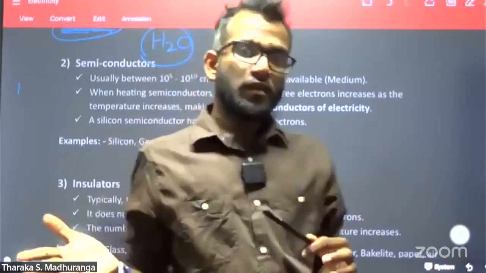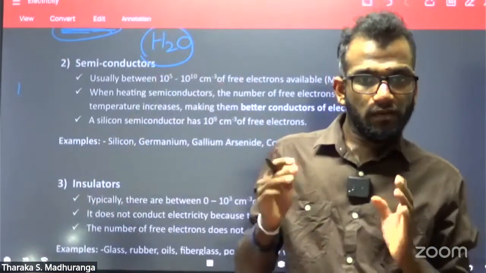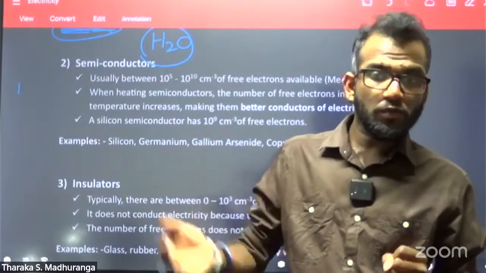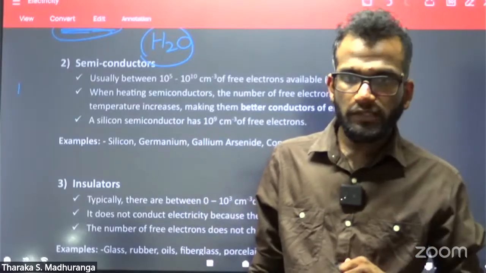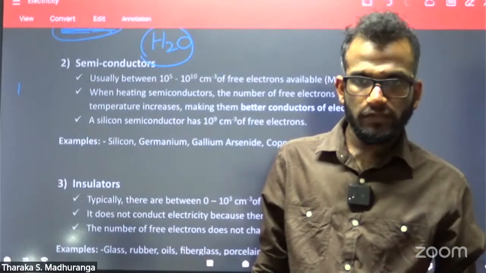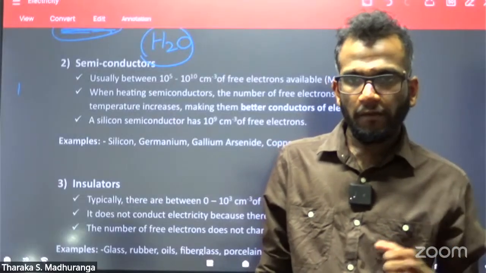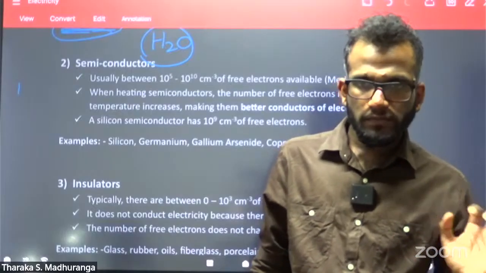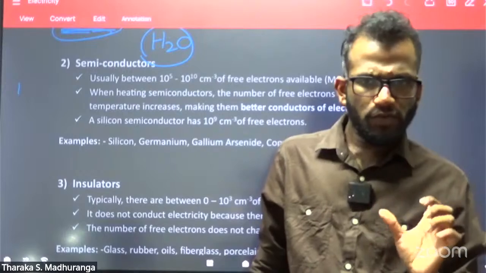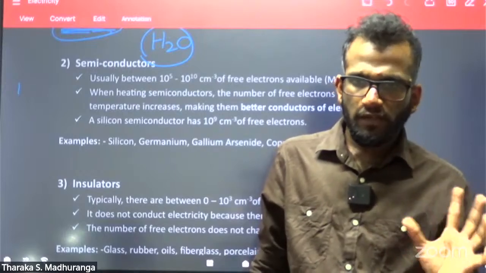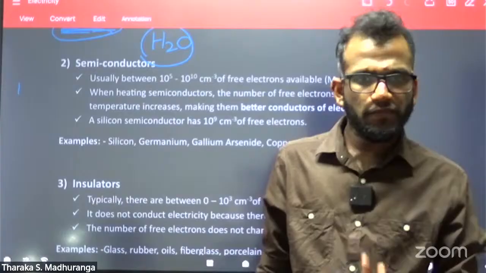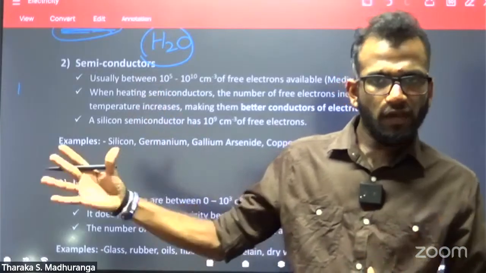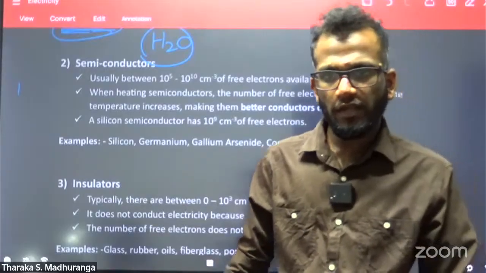N type means a pure semiconductor combined with fifth group elements. Am I correct? Yes. In our lesson, we're not doing those levels. I just explained there are different semiconductors; PN junctions, diodes and transistors you do in electronics.